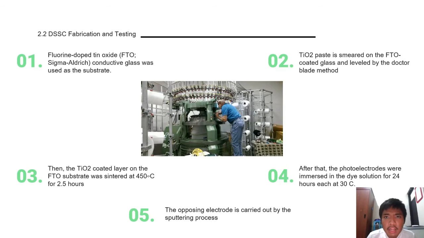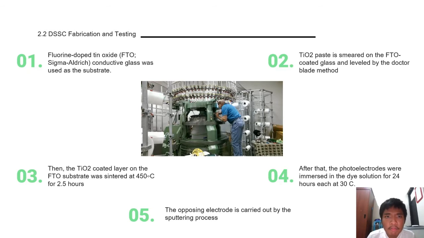Iodine added in the electrolyte acts as an electron acceptor to prevent recombination and photoreduction of iodide. The electrolyte solution was injected into the assembled DSSC at 30 meters intervals and sealed with glass glue.